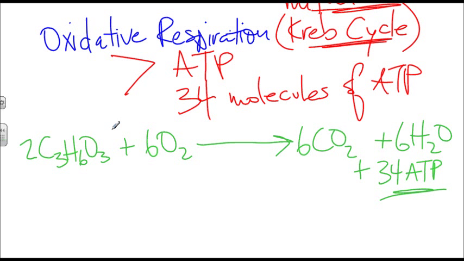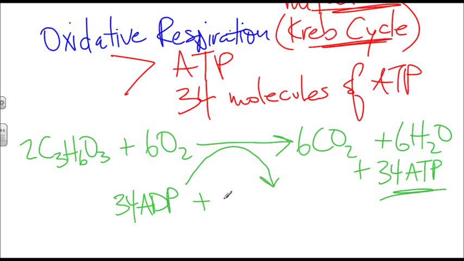So in order to form these 34 ATP, the energy that is available gets stored into 34 molecules of ADP.